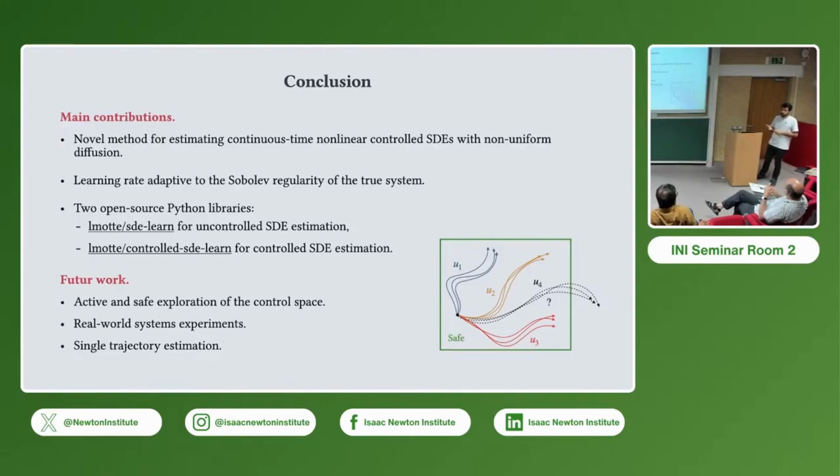Because you have a system which is controlled, instead of randomly picking the controls, you can try to pick controls that allow you to estimate your system faster, by picking the controls that make your system go in the area that you don't know well, to have a faster rate. That's a work for which we already proposed a first method.